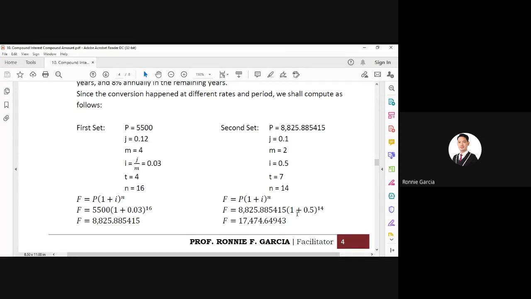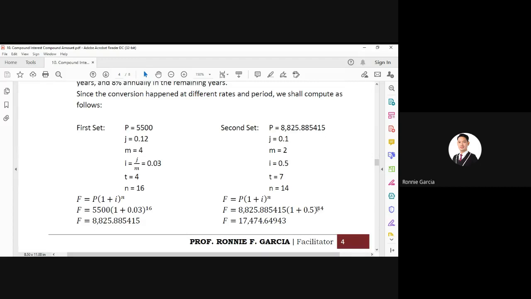Unahon nimo ang 1 plus 0.05, that's 1.05. Then ang 1.05 raised to the power of 14 sa imong calculator, exponent 14. And then ang result ana is 1.979931599. Mao to siya imong i-multiply sa 8,825.885415. Wala pa ka na-round off ani kay di pa ni final answer.